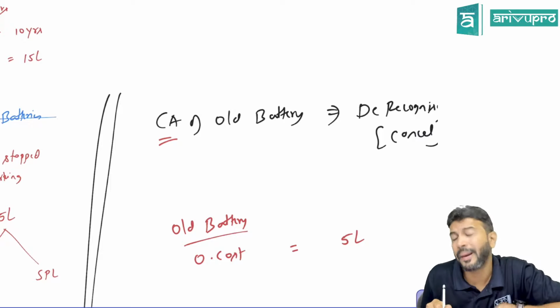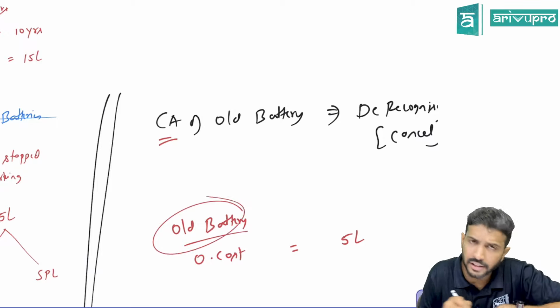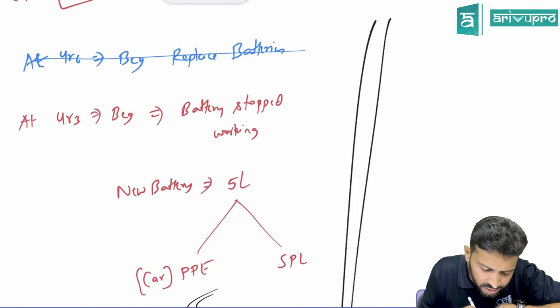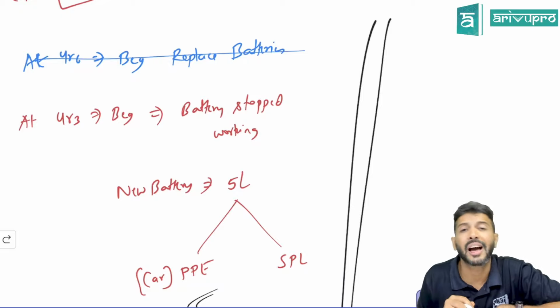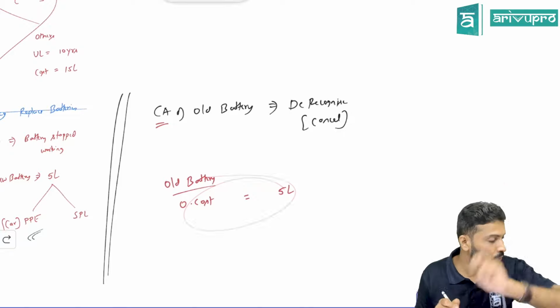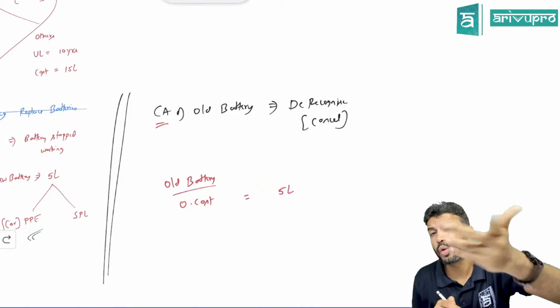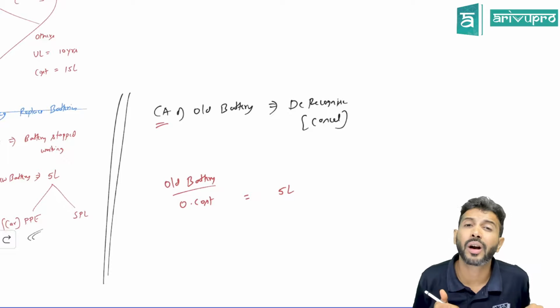Did you replace the old battery in the first year itself? No. When did you replace it? At the beginning of the 3rd year. That means for how many years have you used this battery? 2 years.